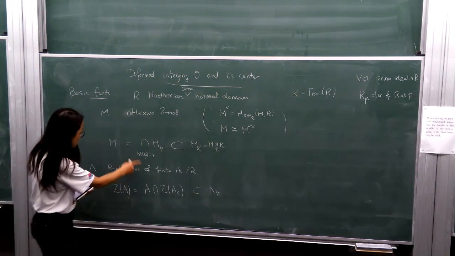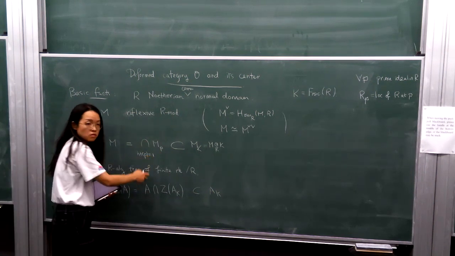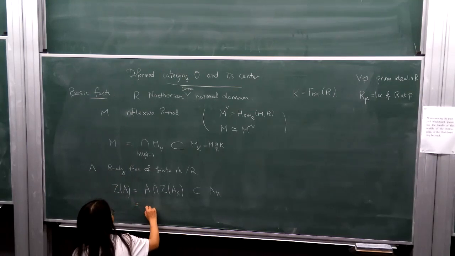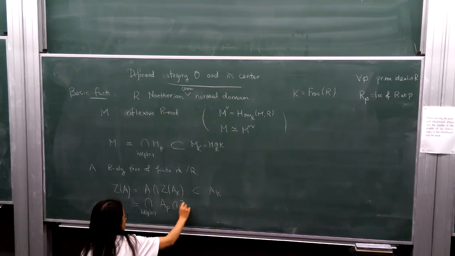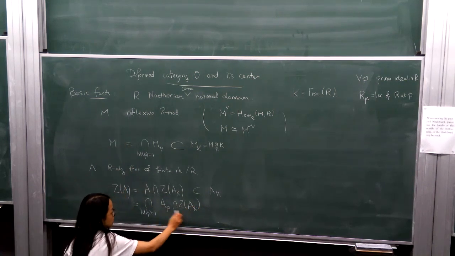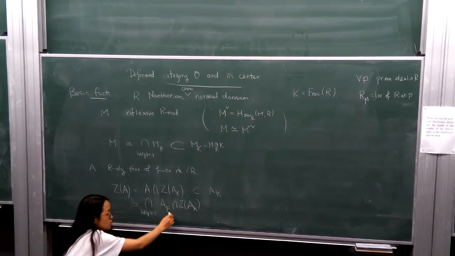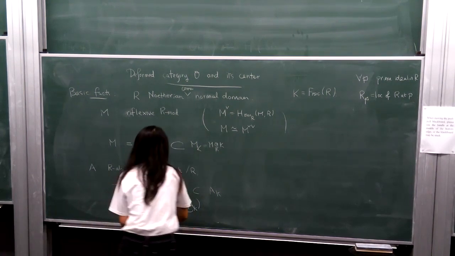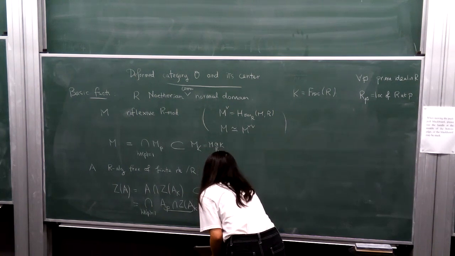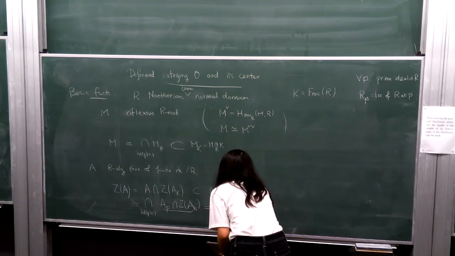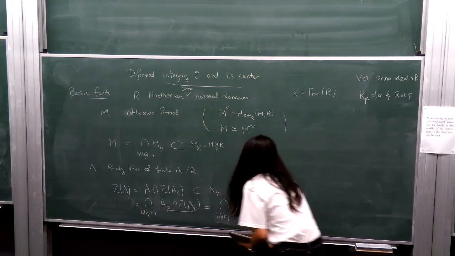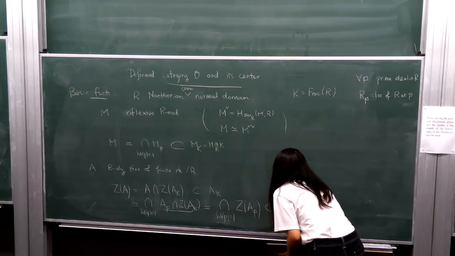But now you can replace A with this intersection of localizations at height 1 primes of A_K, intersected with the center of A_K. But now this part is just the center of A_P. So this becomes the intersection over height 1 primes of the center of A_P, and everything inside the center of A_K.